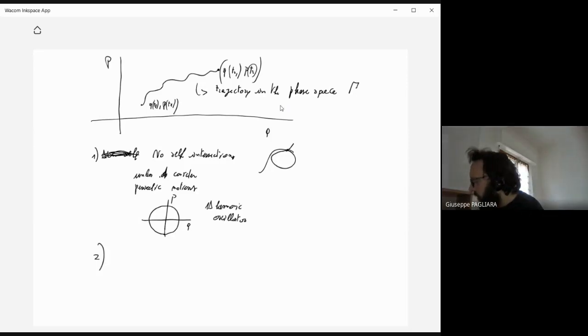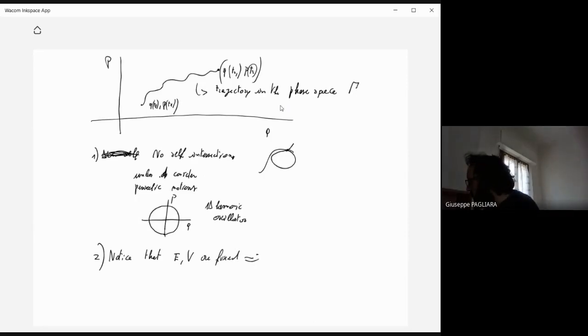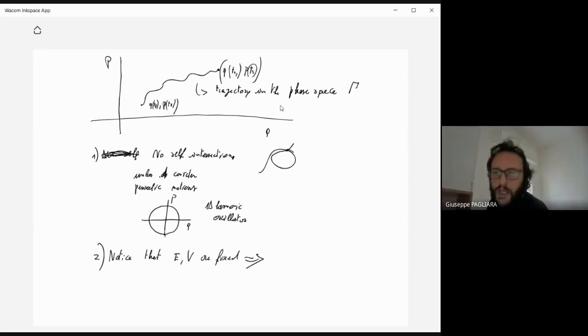Second, notice that E and V are fixed, and that means that I cannot change as much as I want the momentum of a single particle or the position of a single particle, no?